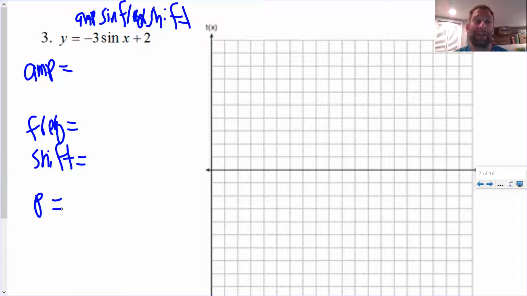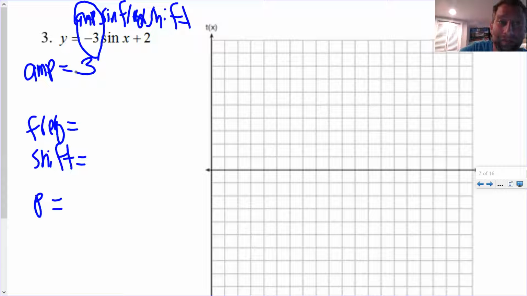Again, you are filling in the amp, sine or cosine, positive or negative, the frequency, the shift, the period. Okay. My amp is what's in front of sine or cosine. It's not negative. Amp is always a distance.